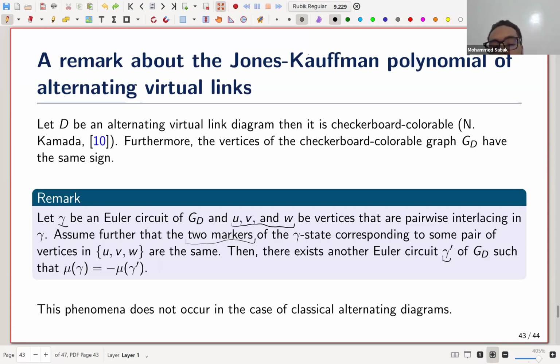And this phenomenon, as I said, is not present in the classical case.